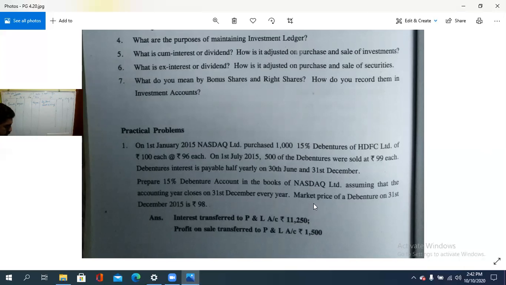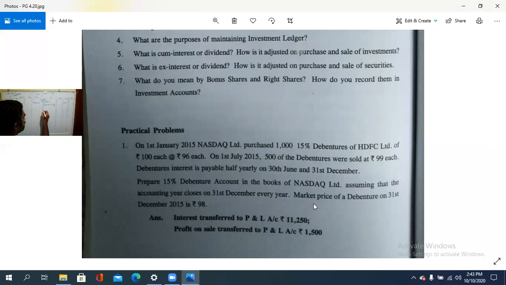That is 7,500, the interest for the half year. So it is on 30-6-15.